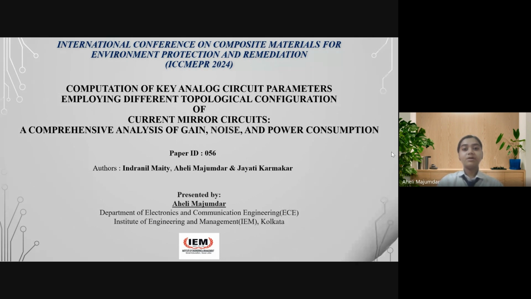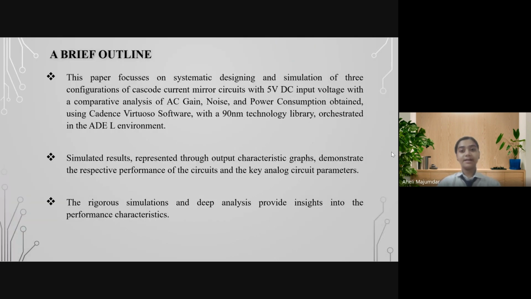So our paper focuses on systematic designing and simulation of three different configurations of cascode current mirrors, each with 5-volt DC input voltage, and also to obtain competent values of different parameters by analyzing the AC gain, the noise power spectral density or the noise PSD, and power consumption.